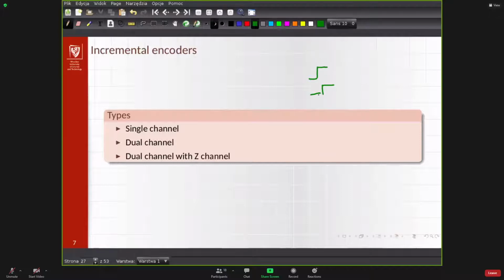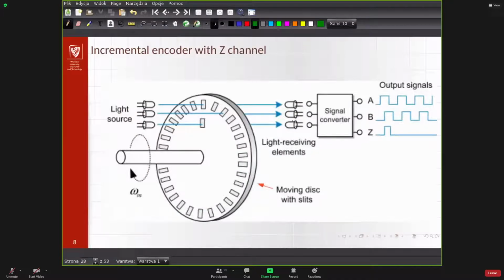So it means that you can detect which of the transistors detects the data earlier. So you know the direction of the movement, and then you know if you want to add an increment or subtract it. And if you have the special arrangement with the half phase shift, you have something like a quadrature encoder.